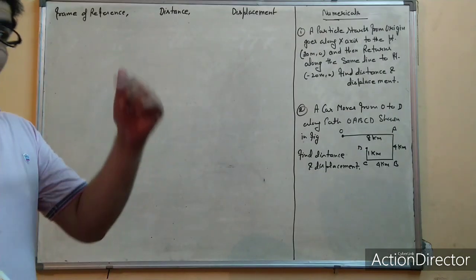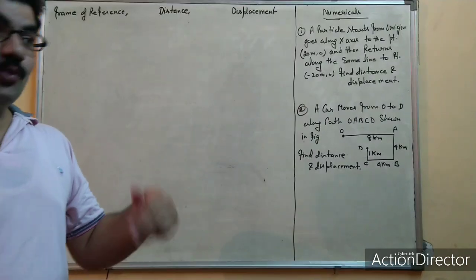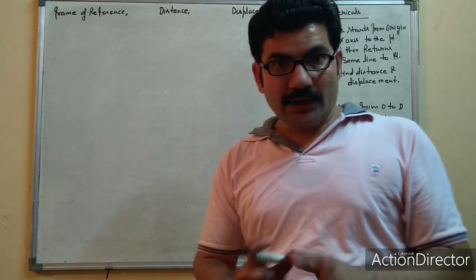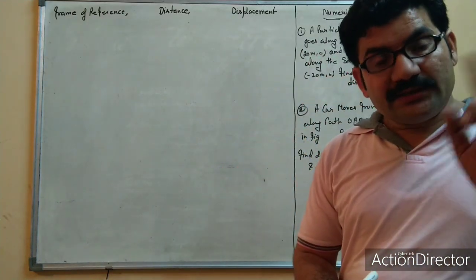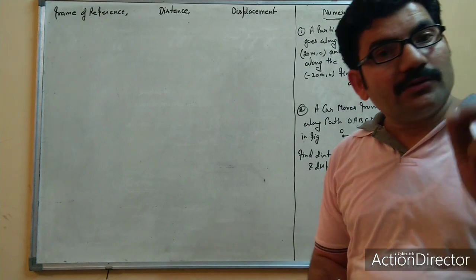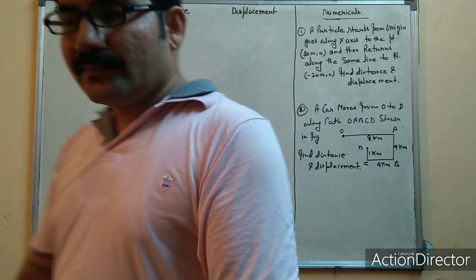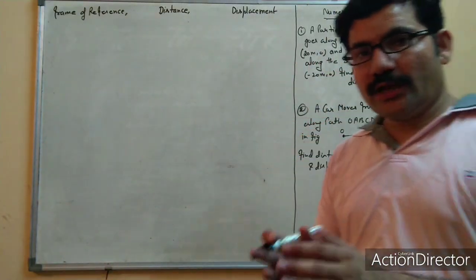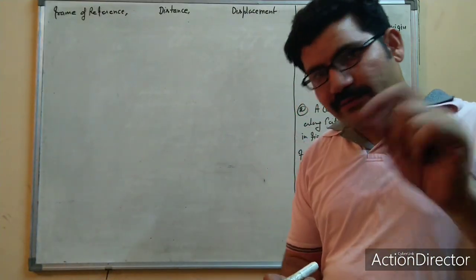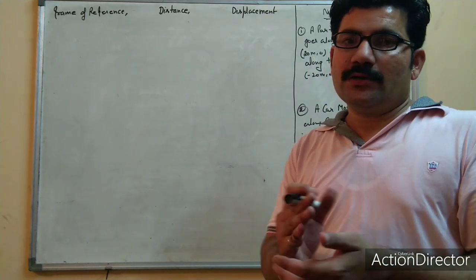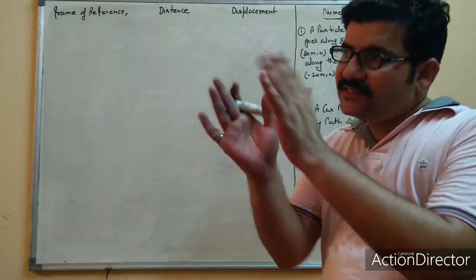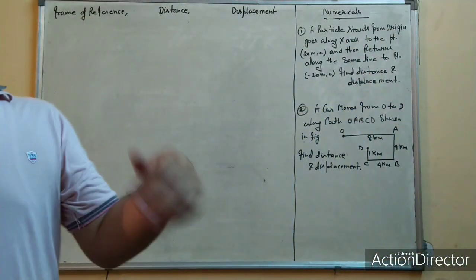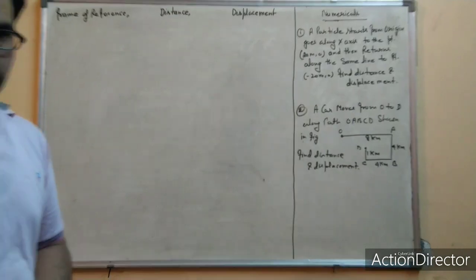The observer's main task is to investigate the position of the body with respect to time, and that time is decided by his own clock, meaning the person should have a watch. With the help of that watch he will be able to find out whether the position is actually changing or not. Then he will be able to give the answers regarding the motion of that body.